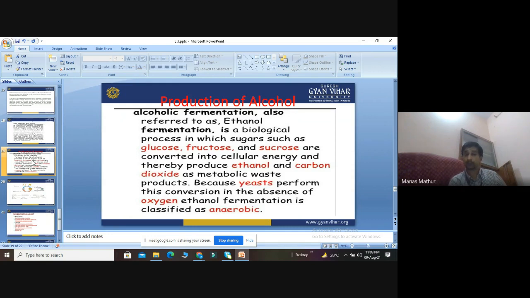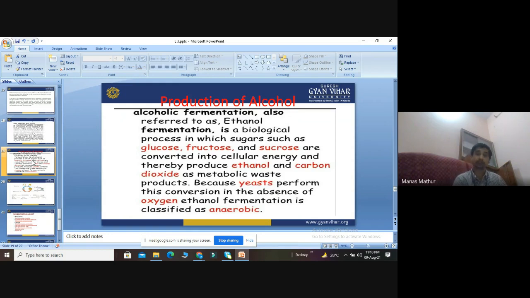So what will happen during the process of fermentation in the absence of oxygen? This sugar substrate, glucose, fructose, and sucrose, will produce what? Alcohol and CO2, that is C6H12O6. In the absence of oxygen, it will produce CO2 plus C2H5OH.